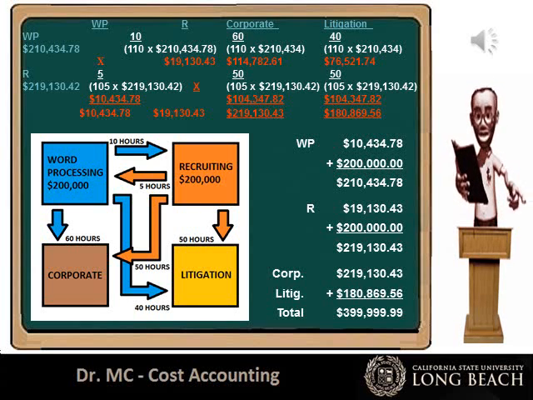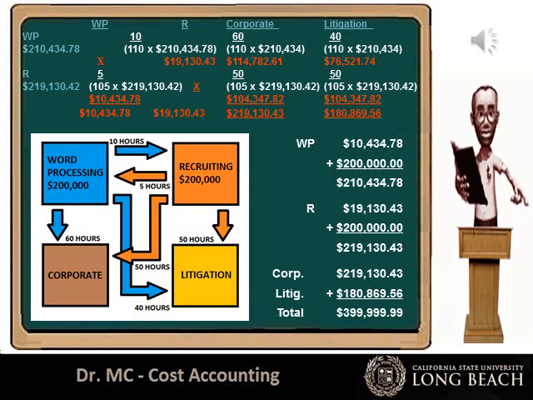It does. You should also add the $19,130.43 that recruiting was allocated to the $200,000 of costs that recruiting started with to see whether it adds up to the $219,130.42 that recruiting allocated. Except for a penny rounding error, it does.